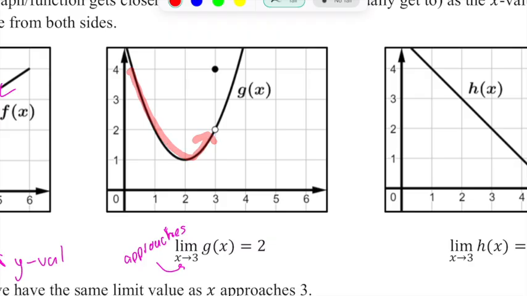We are getting closer and closer to this value of 2. And again, we don't actually care what the value is at 3, because if you look at g of 3, that equals 4. The value at 3 is 4. But we don't care. We're just looking at it as we approach 3 from both sides.